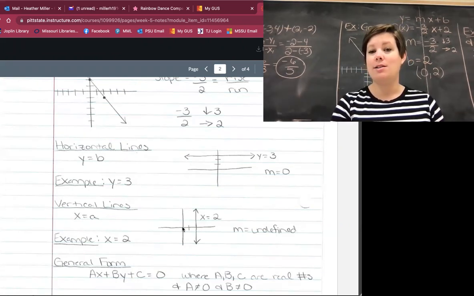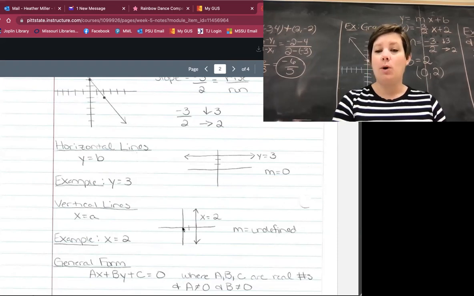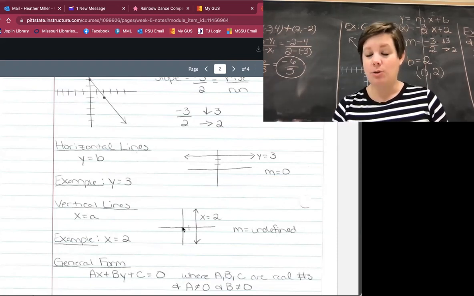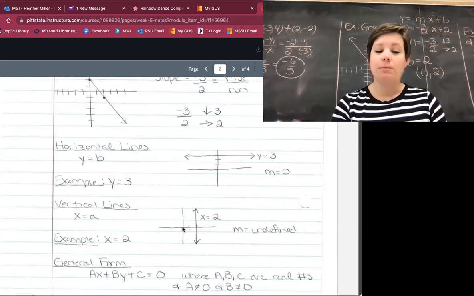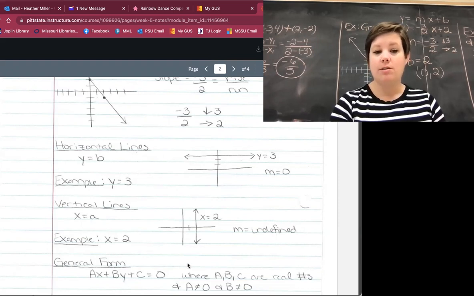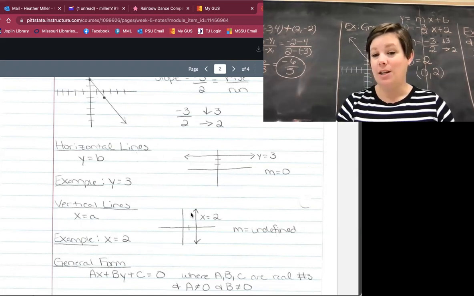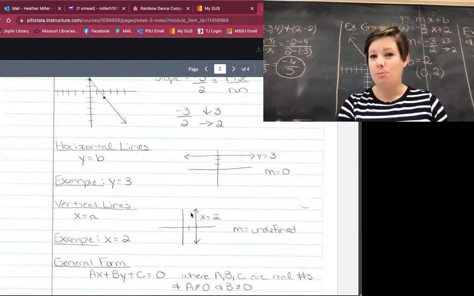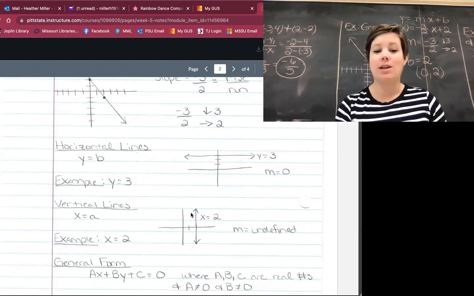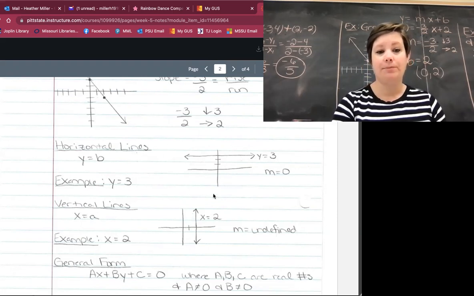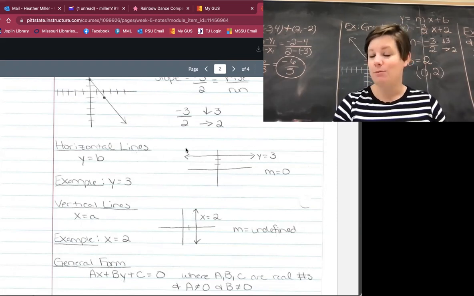When y is 6, x is 2. When y is a negative 103, x is 2. So these are vertical lines, just like this. And when you have a vertical line, you don't have any running, so the bottom of your denominator is 0, and so that is an undefined slope. So those are just two more specific examples of that.